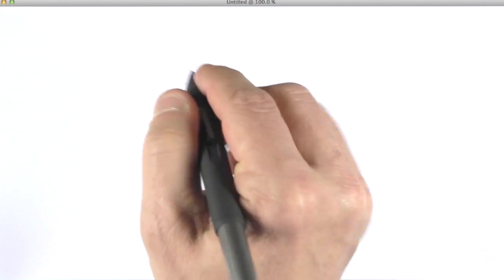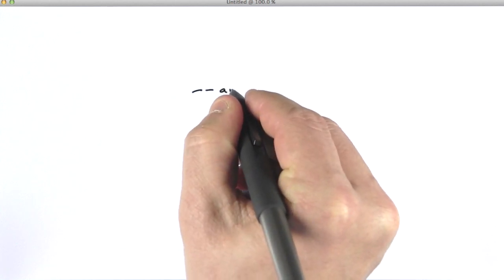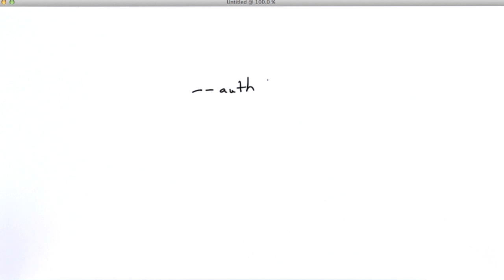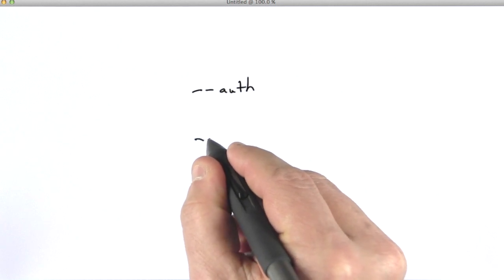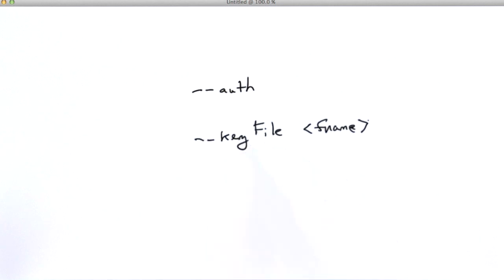One further note, we talked about using --auth on the command line. In addition, when you're working with a sharded cluster or a replica set, you will use another parameter called keyfile. And this is to tell the processes making up the cluster, the mongod and mongos processes, how to authenticate among themselves intra-cluster.